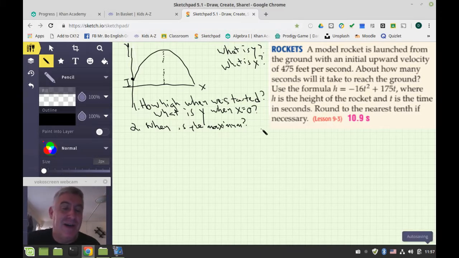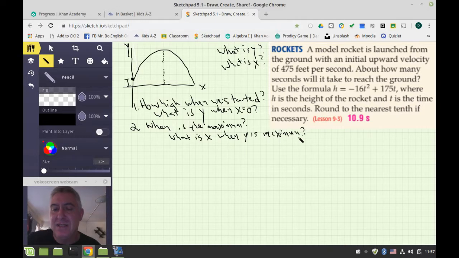When does it reach the high point? When does it reach the low point? And so what it's asking is, what is x when y is maximum or minimum? Another way to ask that is, what is the axis of symmetry?